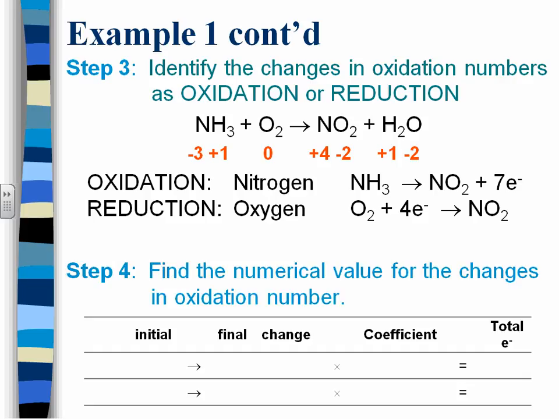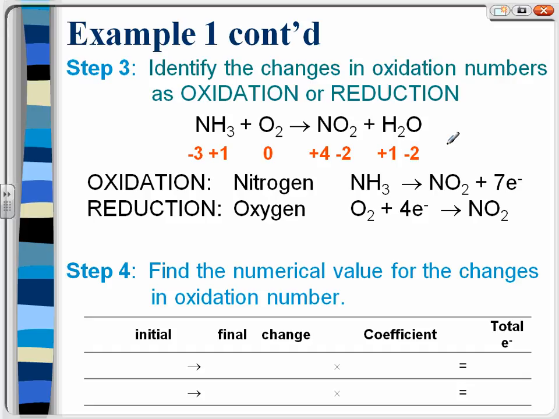So my next step is to find the numerical value for the changes in oxidation number. If I fill in this chart down here, I'm looking at, to start, my initial oxidation number on nitrogen, which was -3. Final oxidation number was +4. So that means it changed by 7.